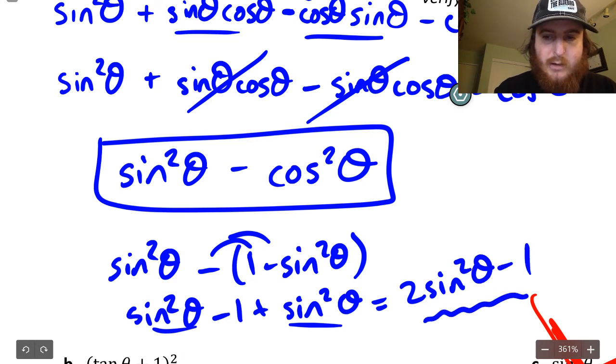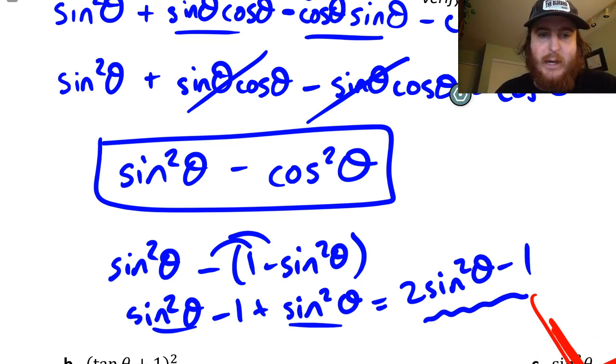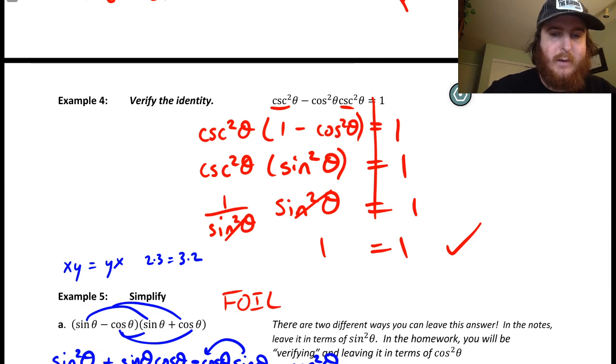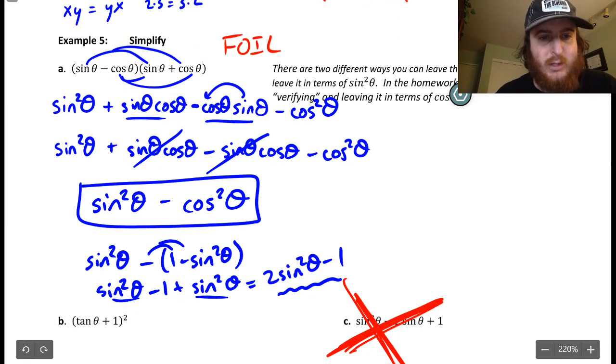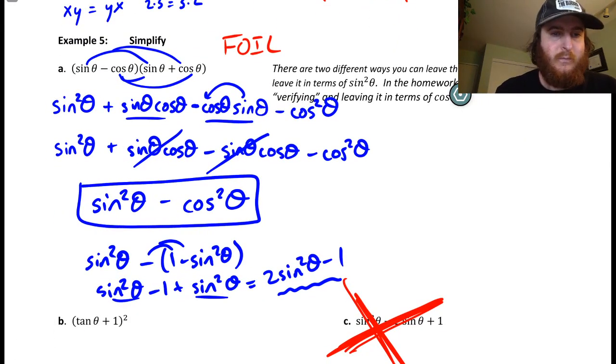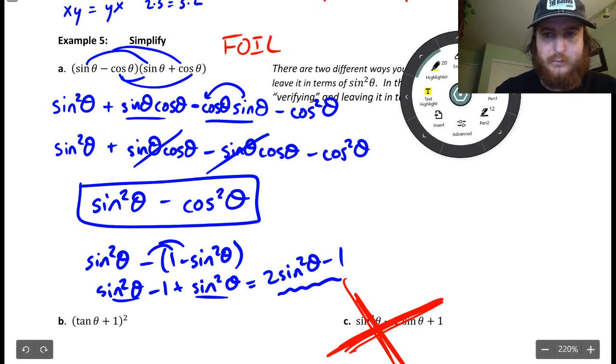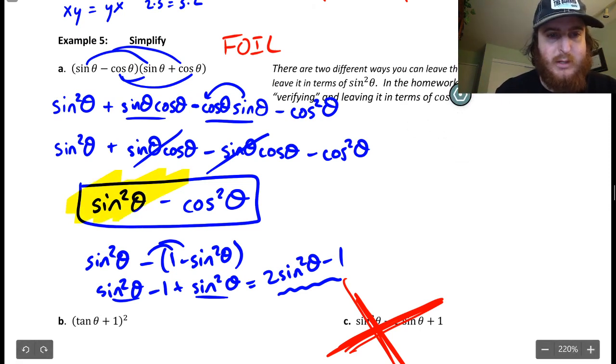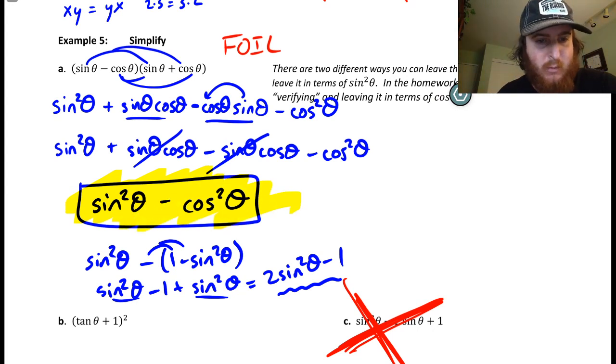That might be an answer. They also might, on a trig identity, like on ones that are verifying, right? Those ones where they're saying get to this answer on the right side. They might want you to just have cosine thetas, so you might need to replace the sine theta. But to me, what I boxed, we're pretty much done, right? You can't cancel anything else out. So I think we're good.